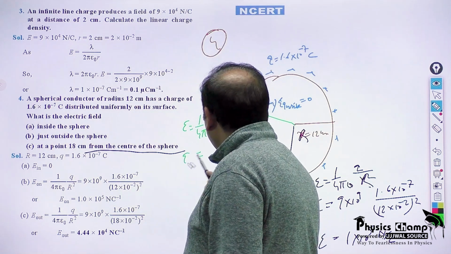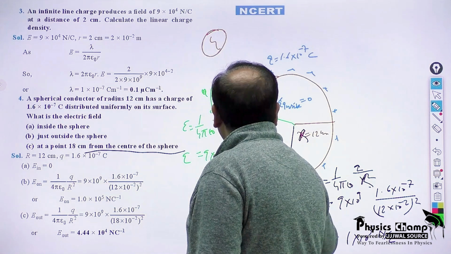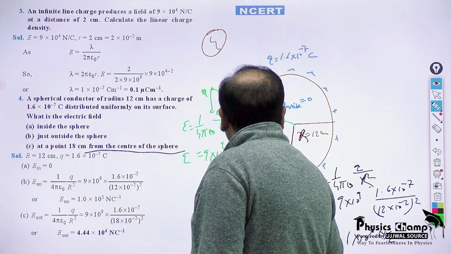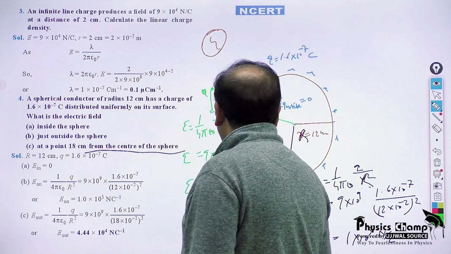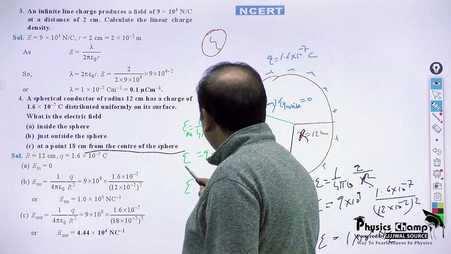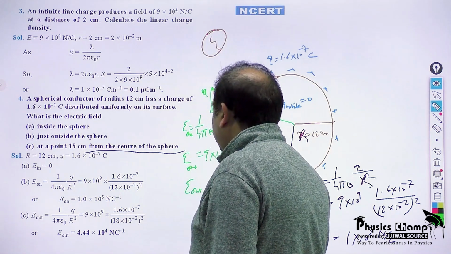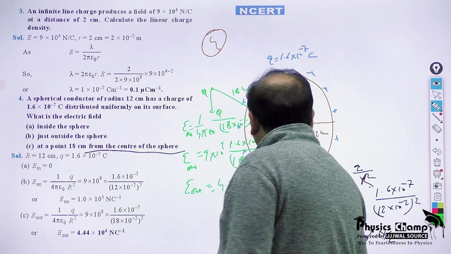So it is 9 into 10 to the power 9, charge is 1.6 into 10 to the power minus 7, by 18 into 10 to the power minus 2 square. So the electric field there outside will come out to be 4.44 into 10 to the power 4 Newton per coulomb.